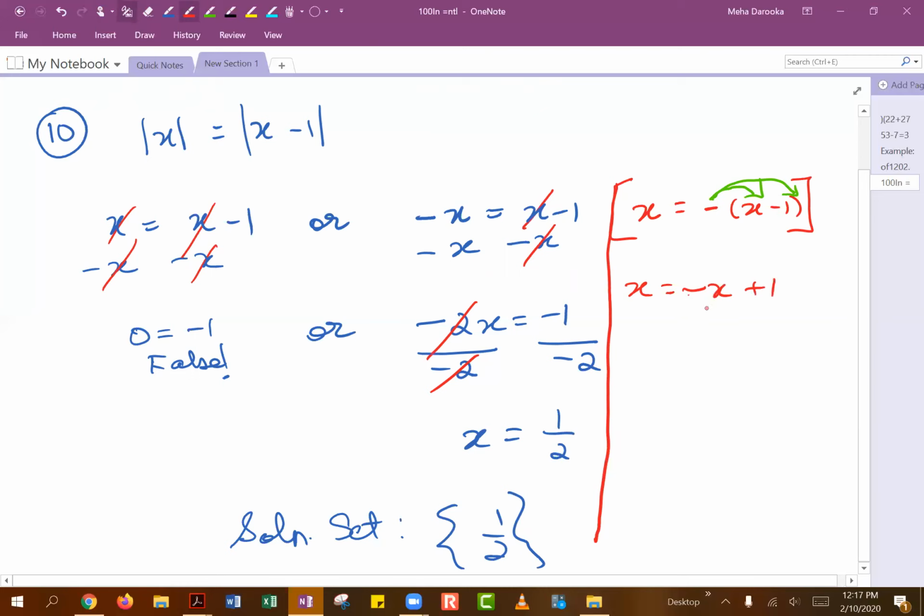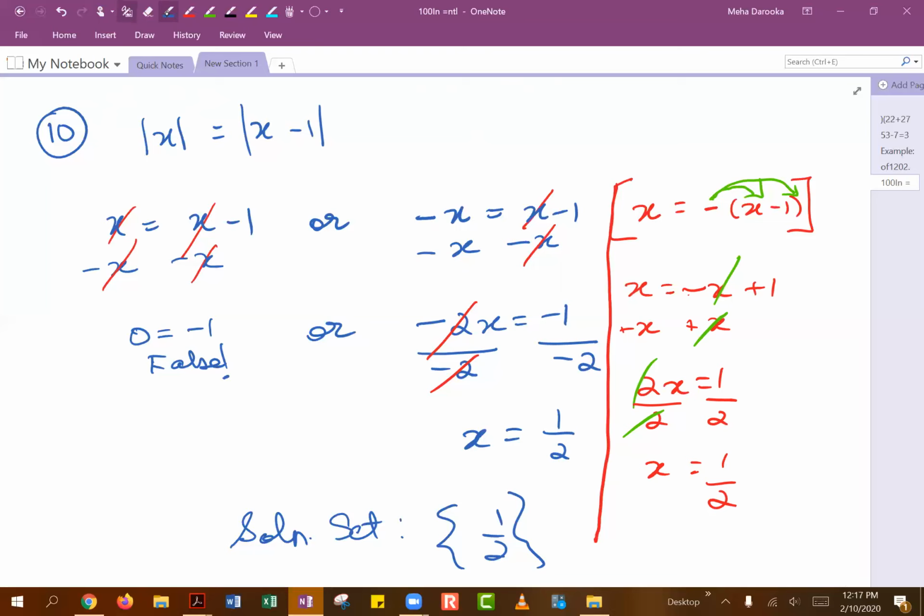And then again, when I would have moved my x to the other side, that would become what? Positive x. These guys are gone. We end up getting 2x equals 1, and you would still end up with that 1/2 as your answer. So really, it wouldn't matter.